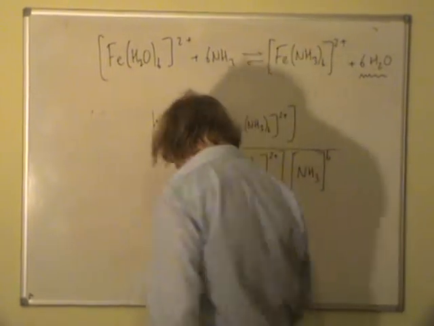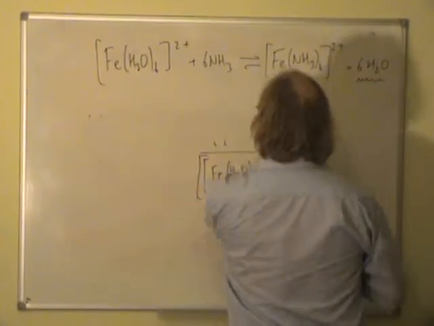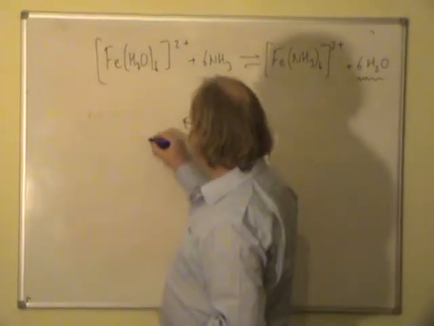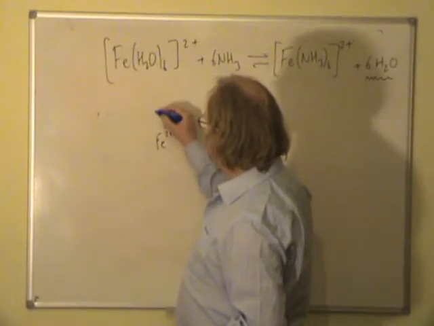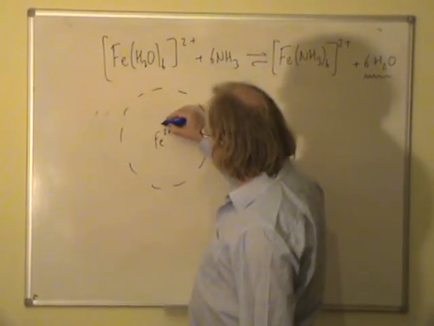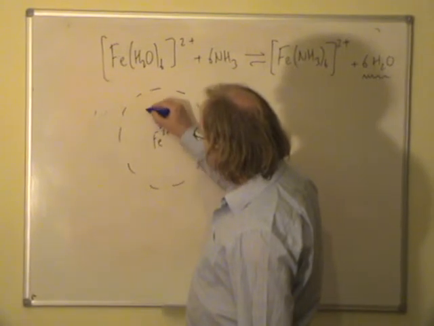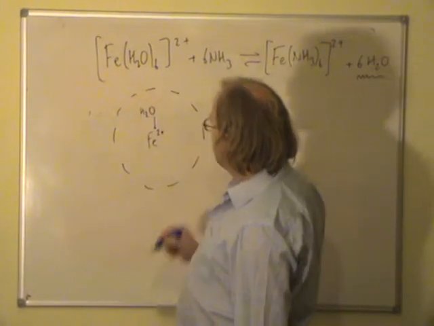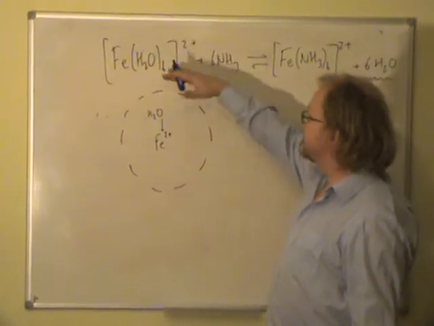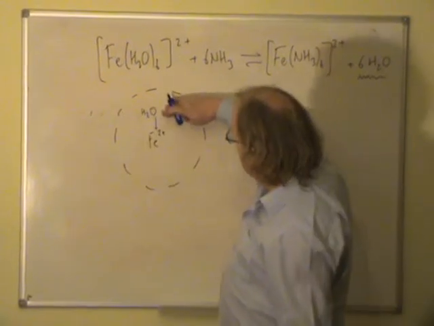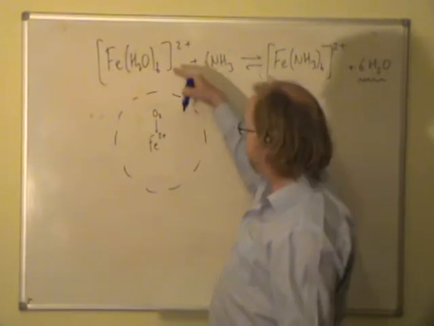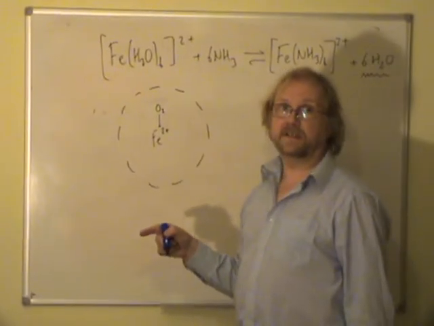So you don't need to know a lot of detail about hemoglobin, but what you do need to know is that it's a protein that contains Fe2+, so here's the protein around it, and in the absence of oxygen, that has a water molecule forming a coordinate bond to it. And what happens then is that when there's lots of oxygen around, we get a ligand substitution reaction, and the oxygen acts as a ligand in place of the water.